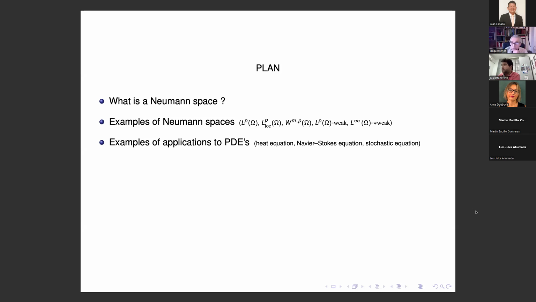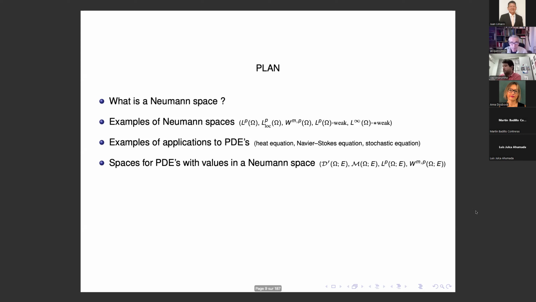And then we construct all the spaces with values in a Neumann space that occur in PDE. These are the space of distributions, the space of measures, the space LP, and the space WMP.